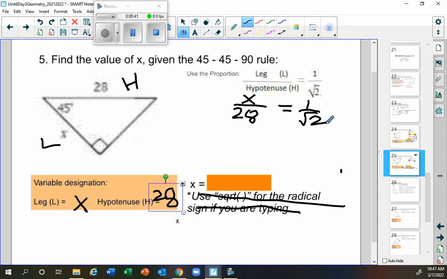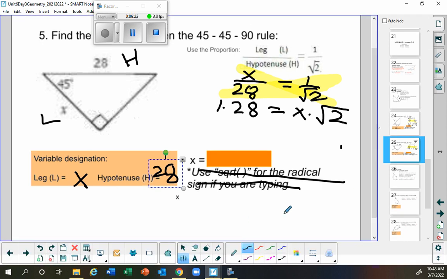But like before, what do we have to do with this type of problem? Multiply diagonally. It's going to be 1 times 28, and x times square root of 2. Okay.